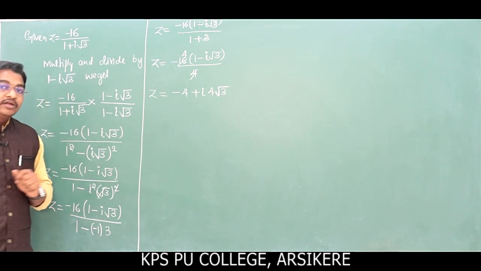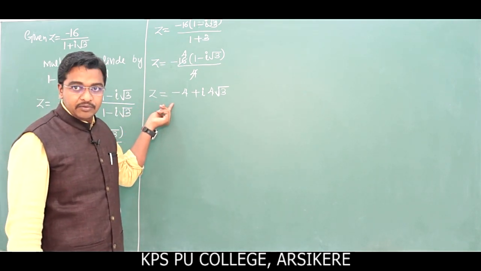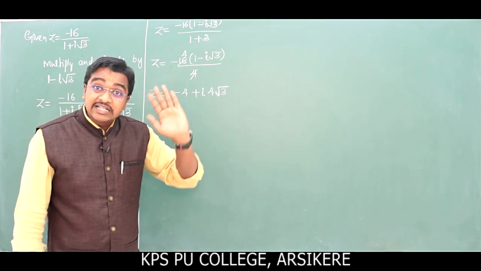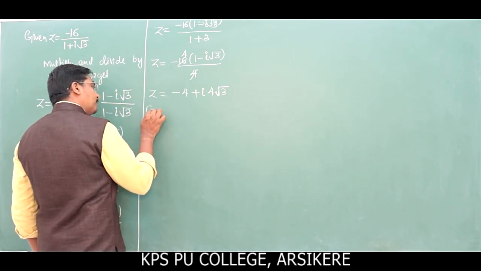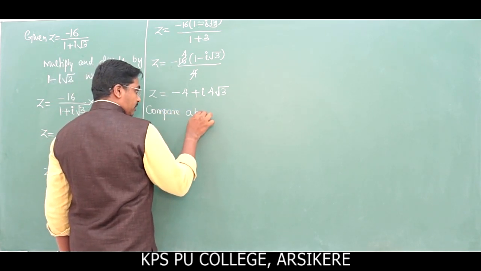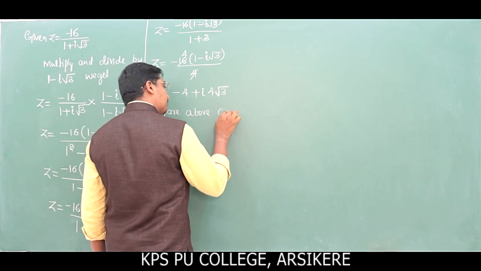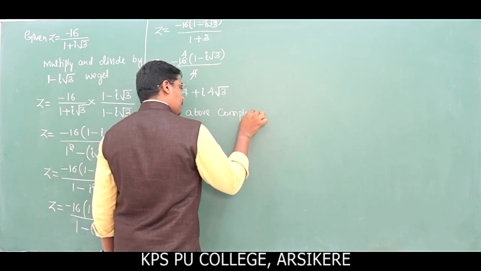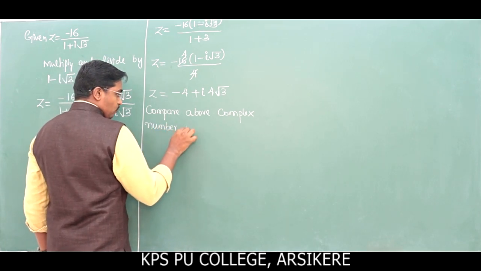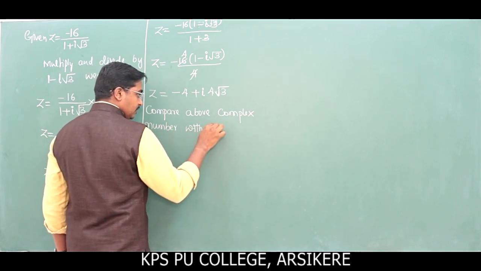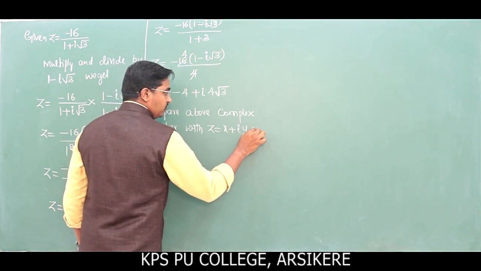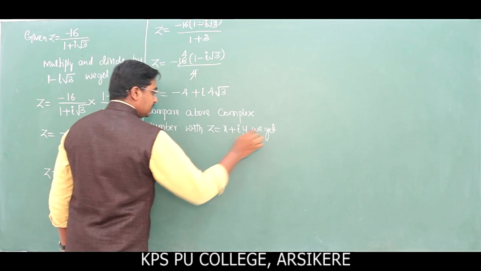So next step, we have to convert this number, what we obtained here, minus 4 plus i into 4 root 3, to x plus iy. Compare the above complex number with z is equal to x plus iy, we get, what is x here?